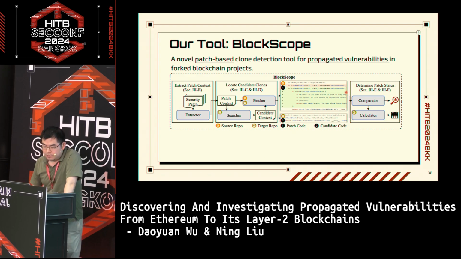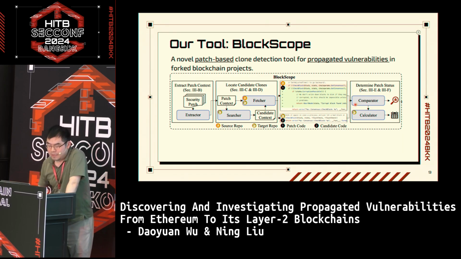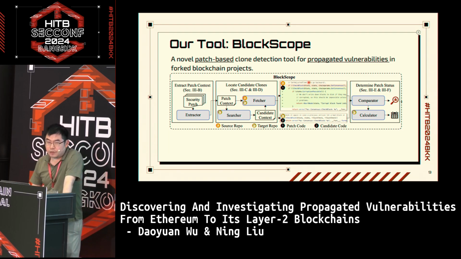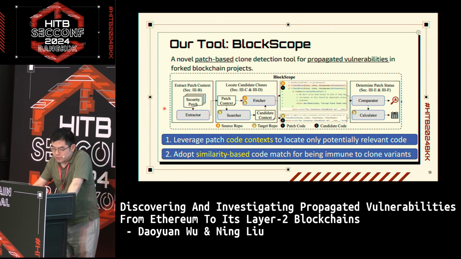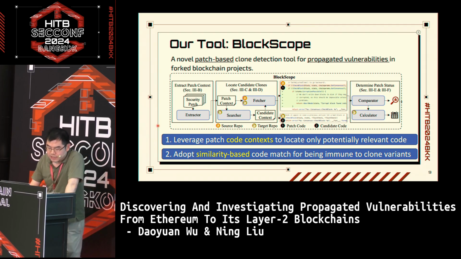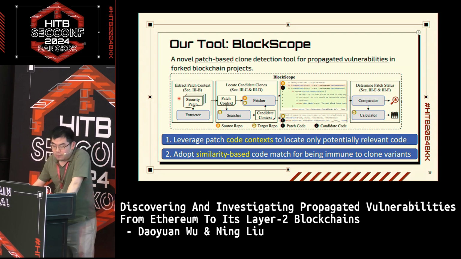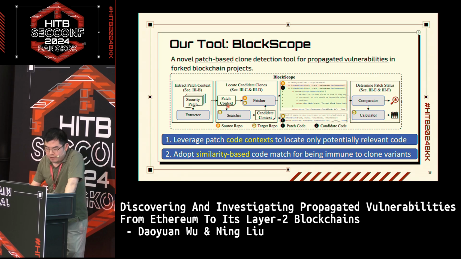Because this tool was initially developed for academic research, it has been published in NDSS, a top-tier security conference in academia. There are two unique designs of this tool for blockchain networks. Although there are so many clone detection tools, the novelty of our tool is that we leverage the code context to locate only the potentially relevant code.